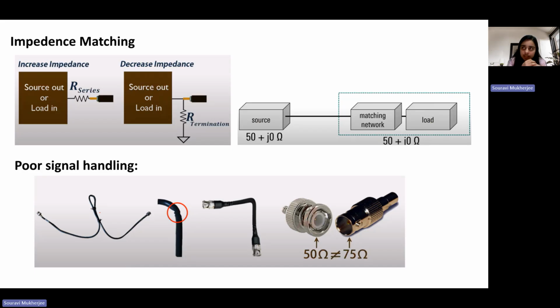In the coming class, we'll talk about situations like this. Now we got the idea about the different factors that can be used to characterize your transmission line. But if you want to have an impedance matched circuit, so we talked about this matching network, which can be very useful when you're talking about microwave circuits.